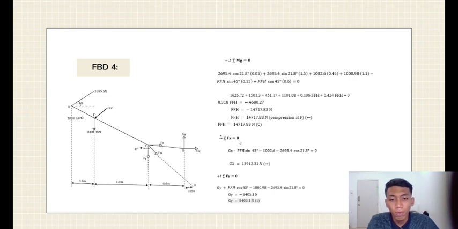The equation of Fx is the force, considering the right direction as positive, equal to 0. Gx minus FFH sine 45 degree minus 1002.6 minus 2695.4 cos 21.8 degree equal to 0.